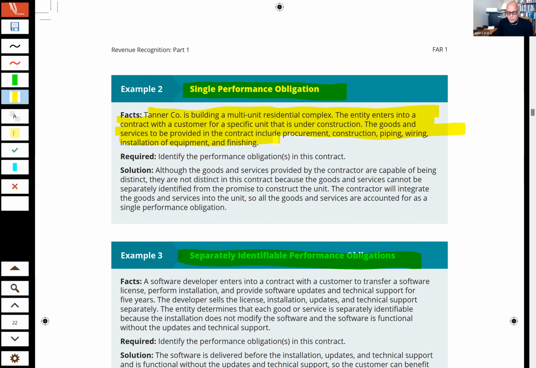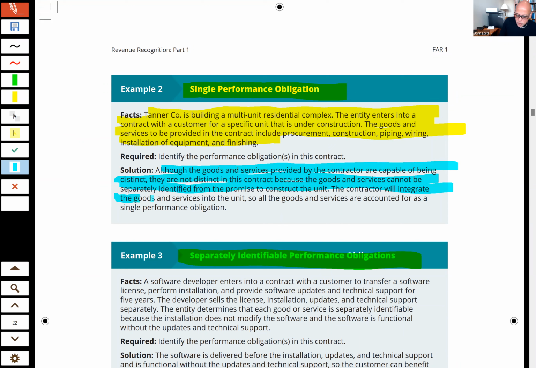So this is a kind of silly example in many ways, in that a contract wouldn't really read this way, but obviously they can't deliver the condo to you if there's no plumbing in it, okay? So they tell us here that although the goods and services provided by the contractor are capable of being distinct, the goods and services cannot be separately identified from the promise.